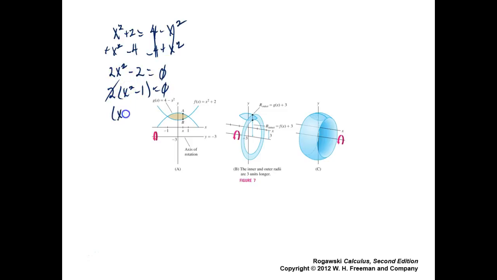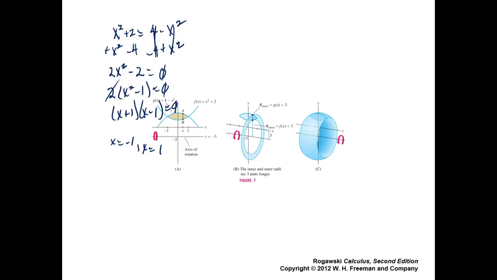This then gives you x plus 1 times x minus 1 equals 0. And obviously here then x is equal to minus 1, x equal plus 1. So those are the limits we're going to be integrating from x equals minus 1 to plus 1.